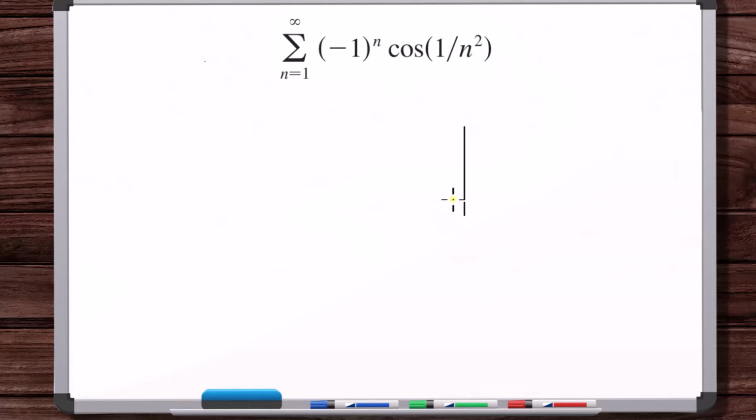So if we think about the unit circle, it's coming to 0 here, and the cosine of 0 is 1. But it's always going to be positive, though. Cosine will be coming from below 1 as n goes to infinity. So this is an alternating series.